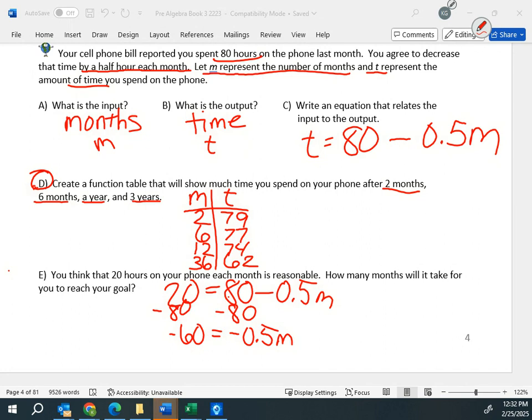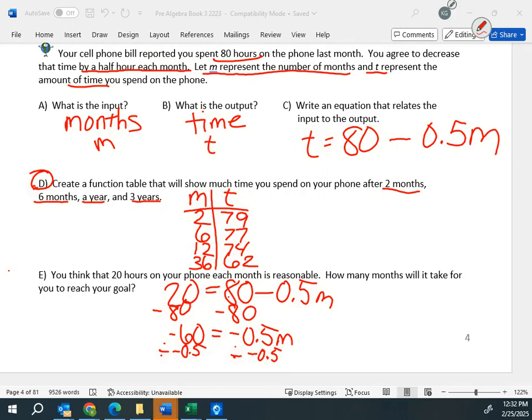So if it's a negative half times months, I'm multiplying it, so I need to do the opposite and divide out that negative half. Does that make sense? We're dividing out that negative half.